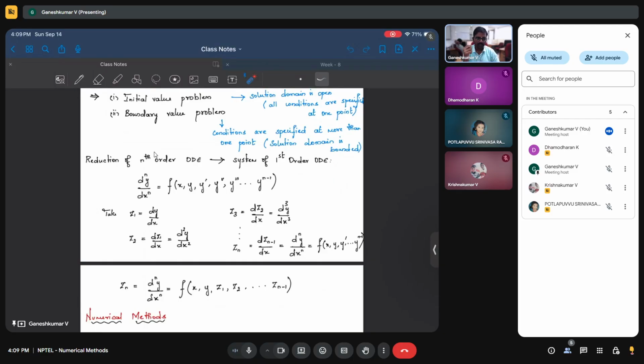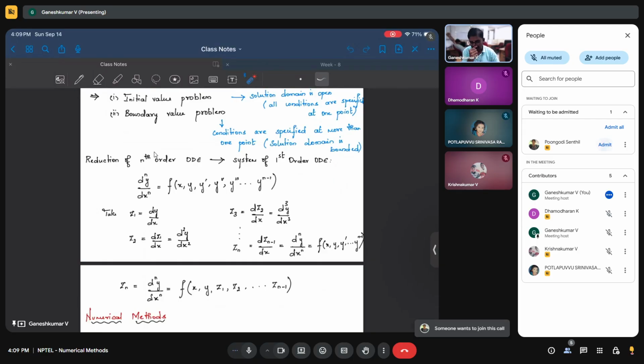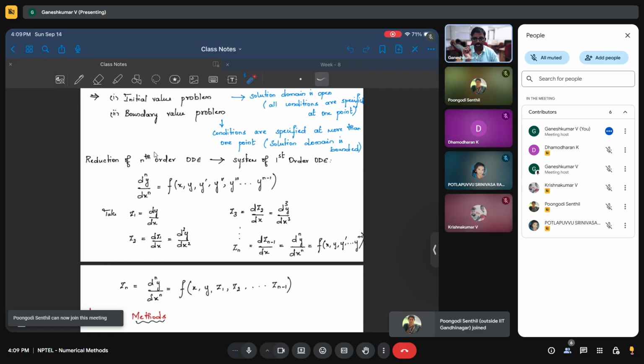Although we didn't get much into this, you just need to understand that whatever we are doing for one ODE can be applicable for n number of ODEs. So if you have second order or third order ODEs, you can convert that into a system of first order ODEs, which means you will have a number of first order ODEs.